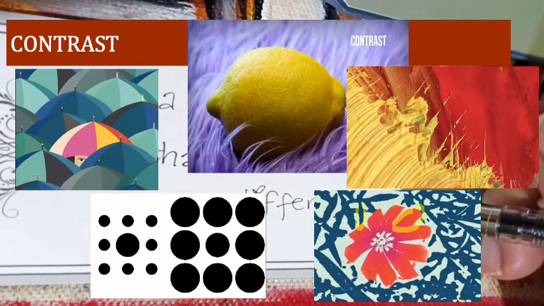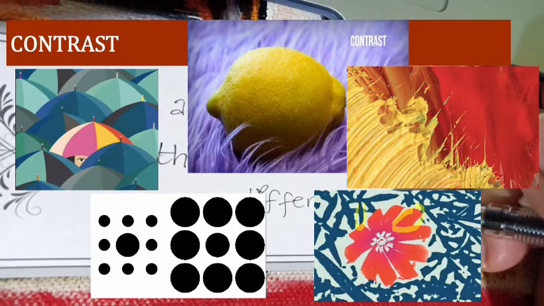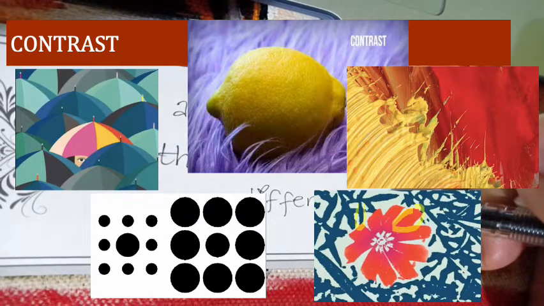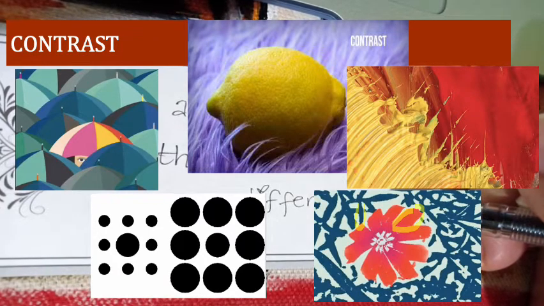There is a combination, and to accentuate the difference of the flower against the background, he uses thick lines against the background, which is a combination of thin and thick lines. Okay, so that's how artists use contrast.